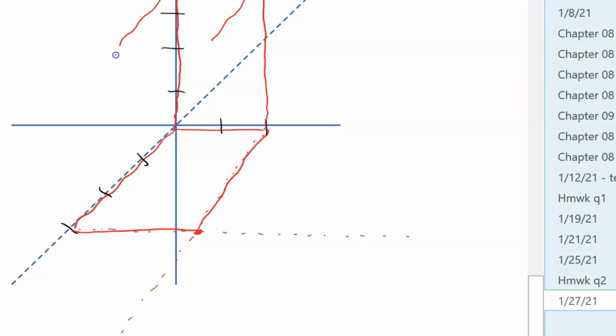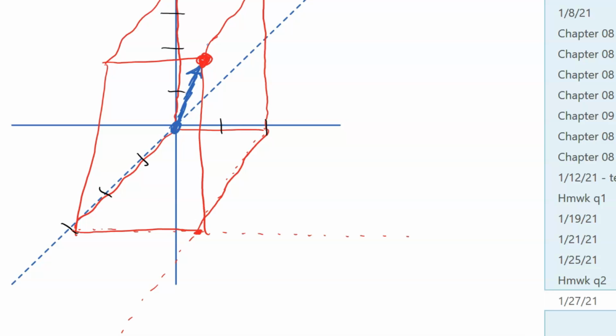So there's my point. So there's my vector going from the origin to that point. Does that help at all? Trying it again, trying to be a little bit neater. Hopefully it did.